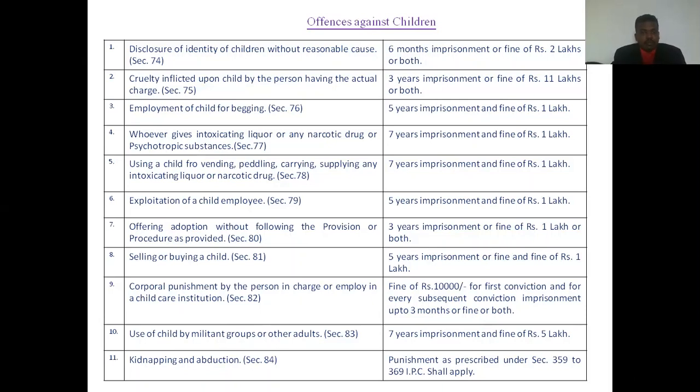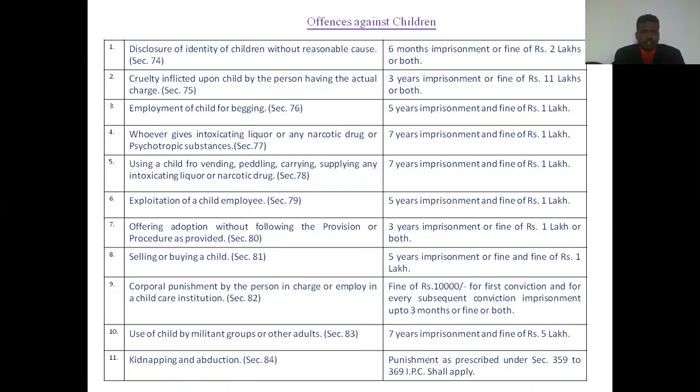The fourth one is whoever gives intoxicating liquor or any narcotic drug or psychotropic substances. Section 77 talks about that. It clearly states 7 years of imprisonment and a fine of rupees 1 lakh.